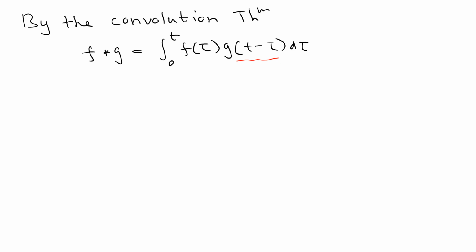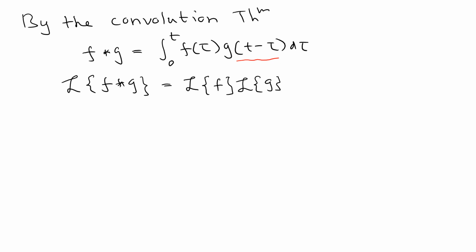Now what the convolution theorem says is, if you take the Laplace transform of the convolution product, it simply gives you the product of the Laplace transforms: F(s), the Laplace transform of f, and then the Laplace transform of g. So the first one is the convolution product, the second one is the regular product.